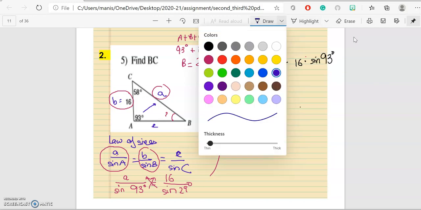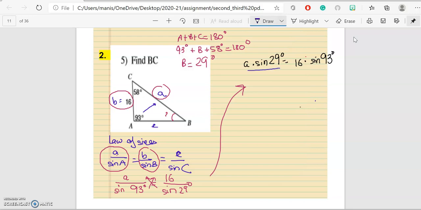Now since I have to get rid of the term which is right next to my lowercase a, that is your sine 29. So I will divide both the sides by what? Sine of 29 degrees. This gets cancelled out.